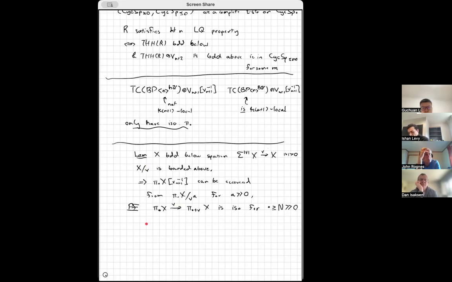And then the other hypothesis is that x is bounded below.